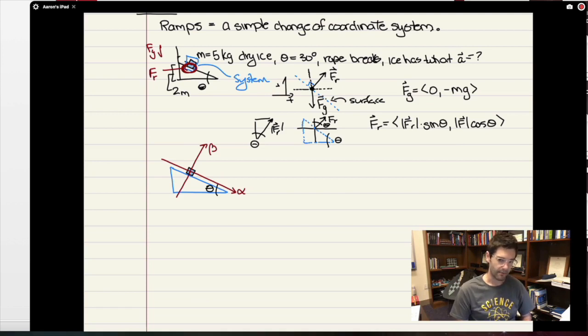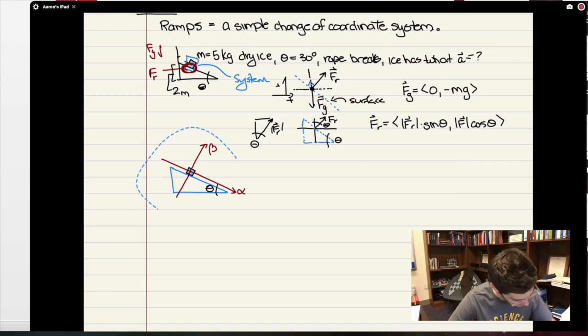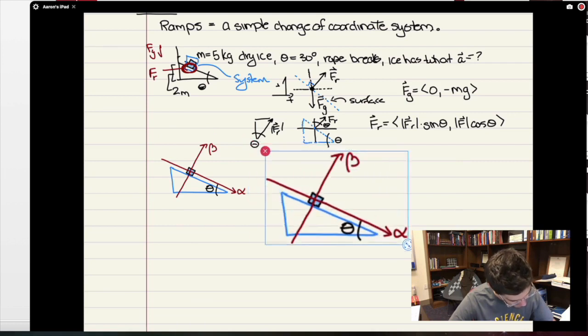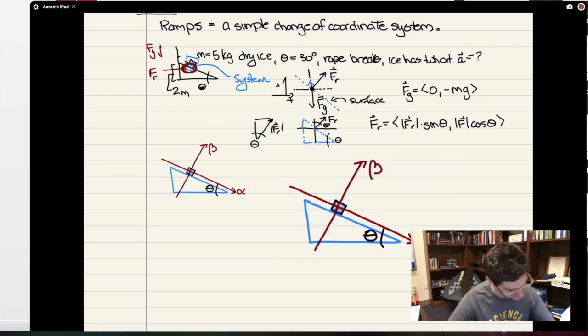So just like what we did before, where if you had some force, let me recopy this, because that's going to get a little sloppy. I'll even make it a little bigger.